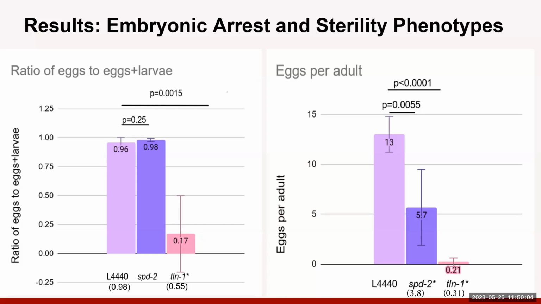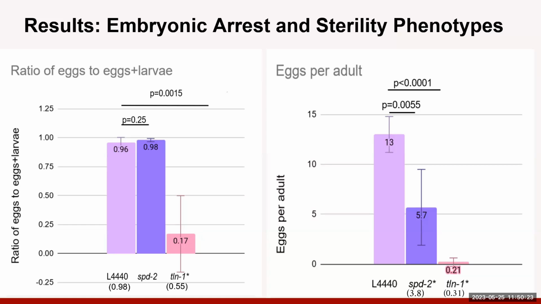So we didn't get a positive result for a positive control, but we did get a negative result for the TLN1, the experimental one, which was not expected, and we were kind of confused by that.